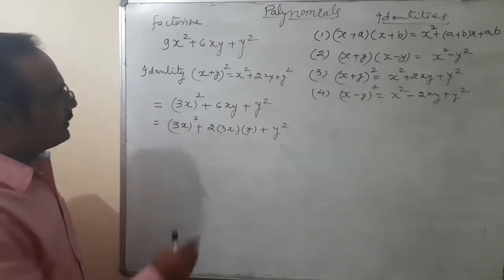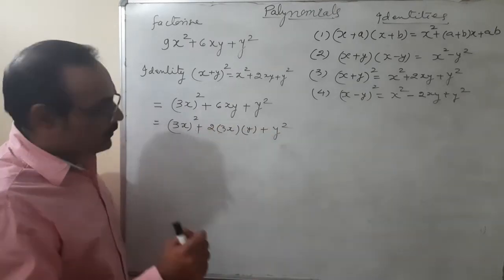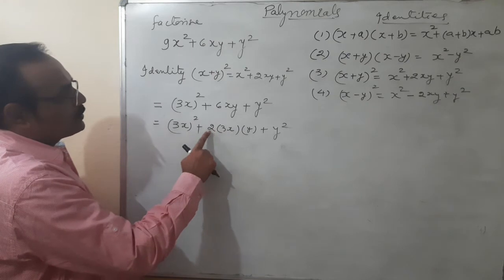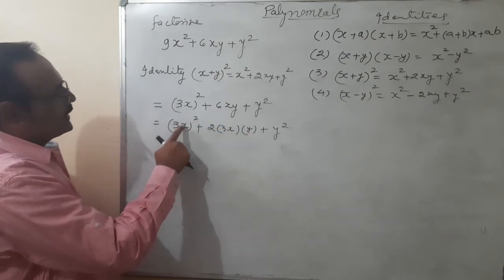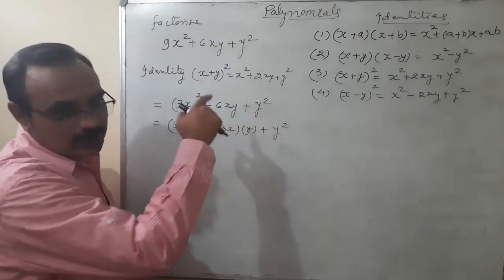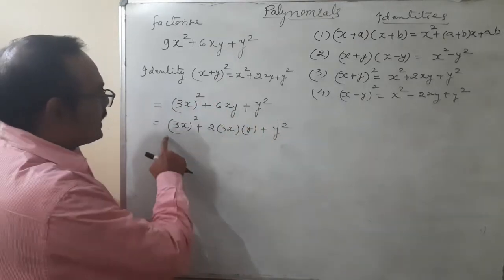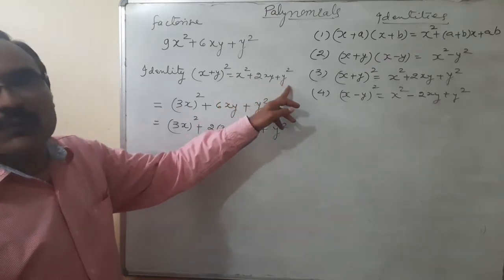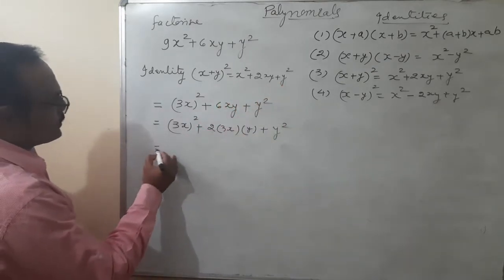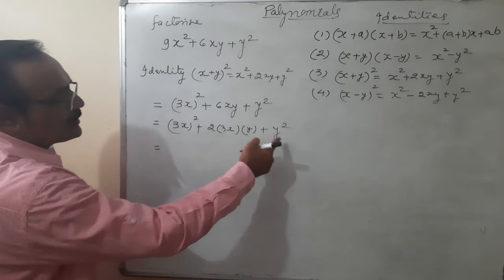Let us check this step is properly matched. 2 3s are 6xy, it is also 6xy. 3 3s are 9x square and plus y square. Yes, the right hand side term is exactly x square plus 2xy plus y square.